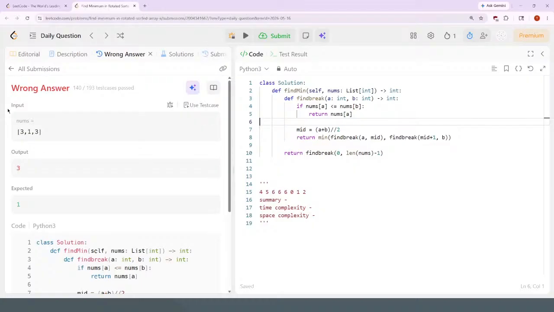Okay. Passed more than half the cases before it stopped. Interesting. 313. So a and b are 0 and 2. Ah, I see.